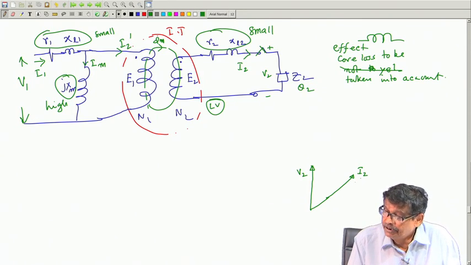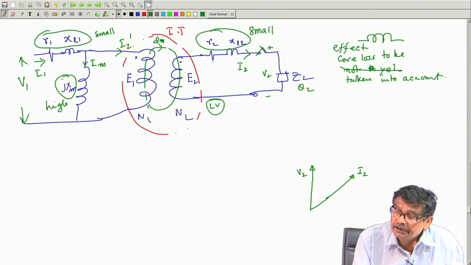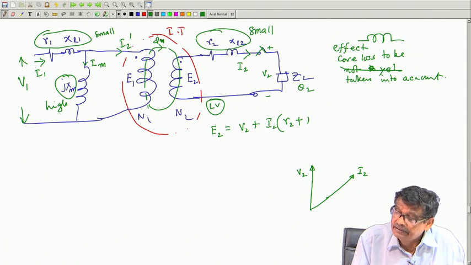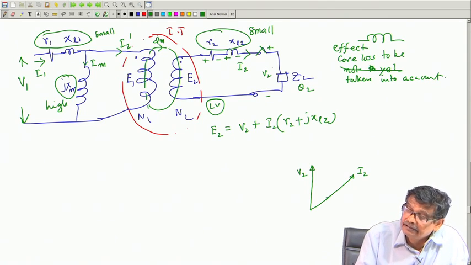So, V2 is there, but V2 and E2 are not the same. In between comes a small impedance. So, what will be E2? E2 then will be equal to V2 plus I2 into R2 plus jXL2, is it not? The drops here are like this, plus minus.